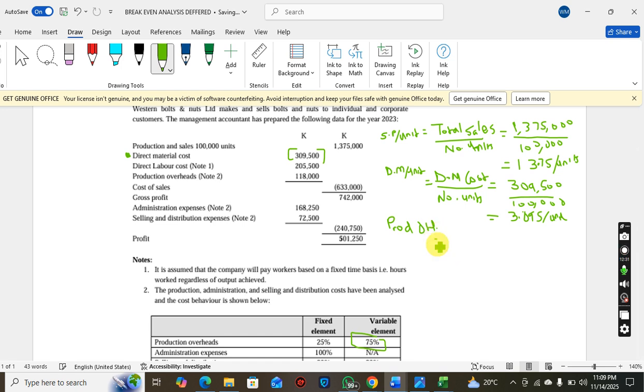We're going to say 75% of 118,000. 0.75 times 118,000 gives 88,500.